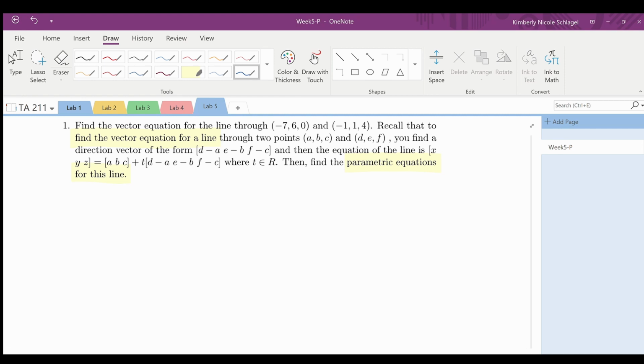So for a vector equation of a line, you need two things. One is that we need a point that's on our line. The second thing is we need a direction vector.